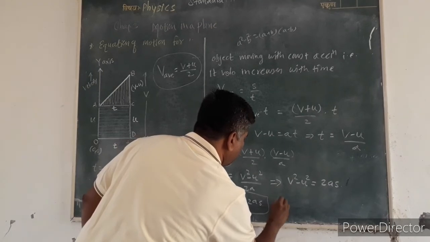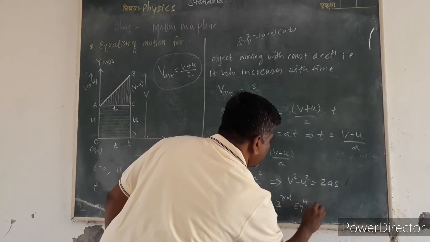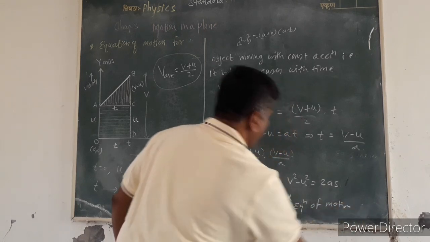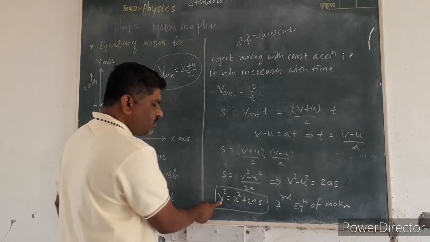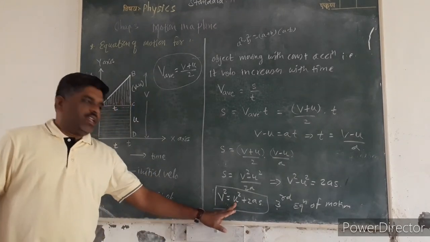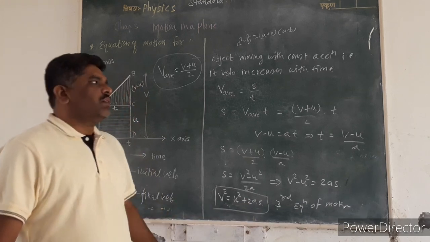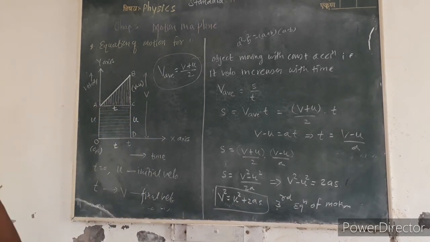And this is the third equation of motion. V square is equal to u square plus 2as, where v means final velocity, u initial velocity, a acceleration, s displacement, and this equation is called the third equation of motion.